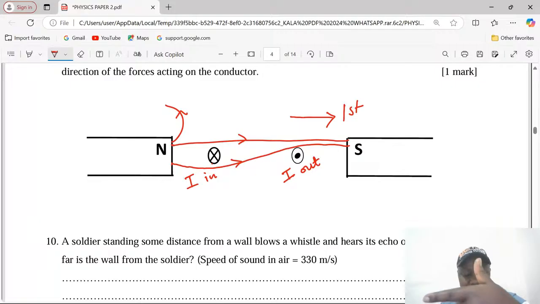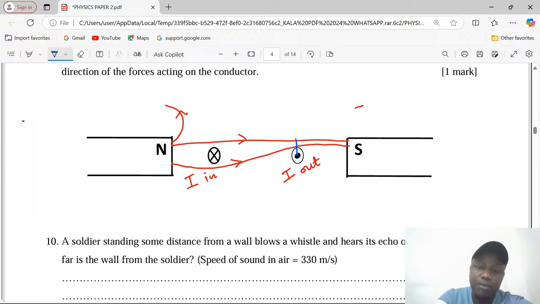For this particular case, current is out. Therefore, the second finger is pointing at me. The first finger is pointing to my right, so that the thumb points upwards. And in such case, the thumb is pointing upwards, and that is the direction of the force.